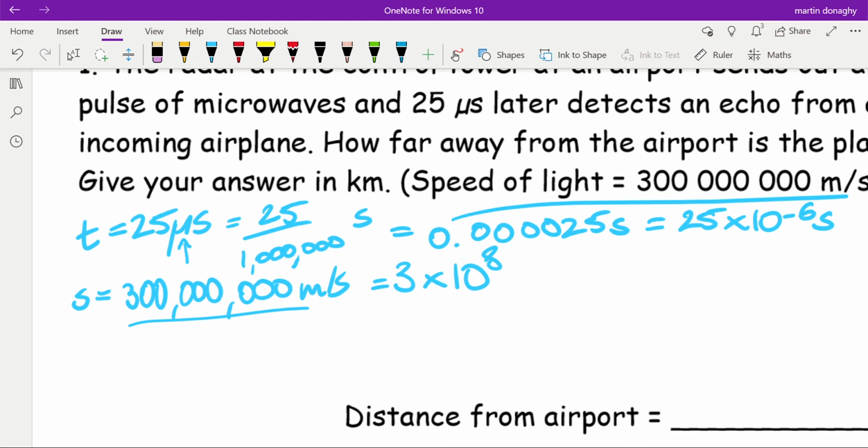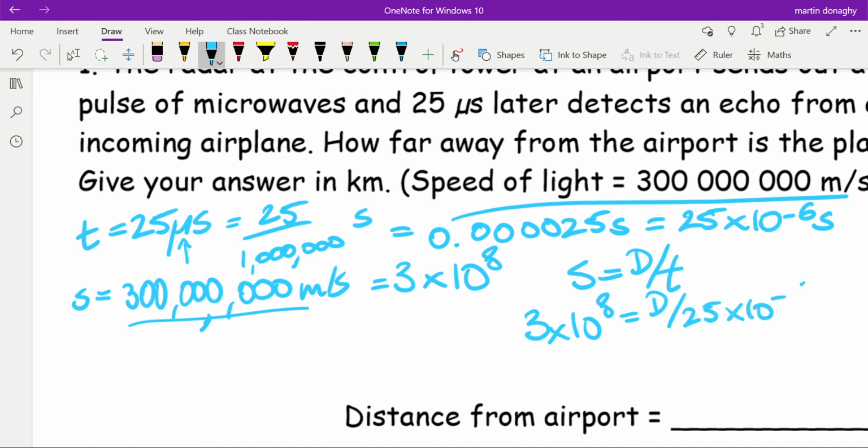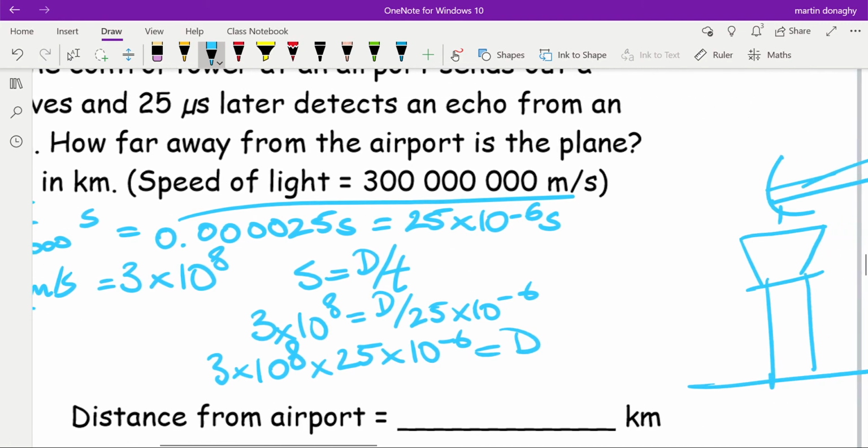These questions are all speed equals distance divided by time. It's just the numbers are big or small. So I can do 3 times 10 to the 8 for the speed, equals the distance, which you're trying to find out, multiplied across by the time, 25 times 10 to the minus 6, and that gives us our distance.